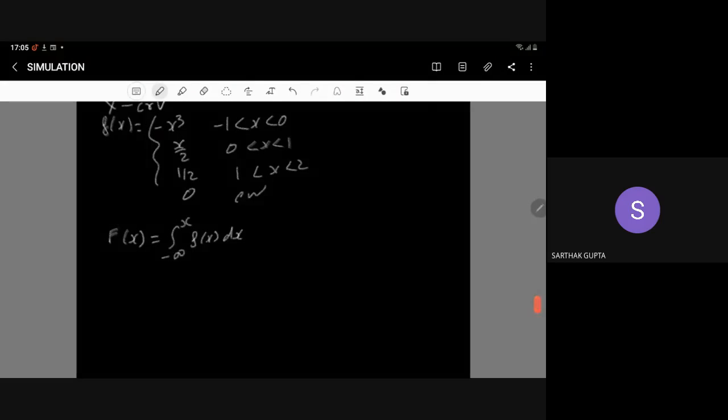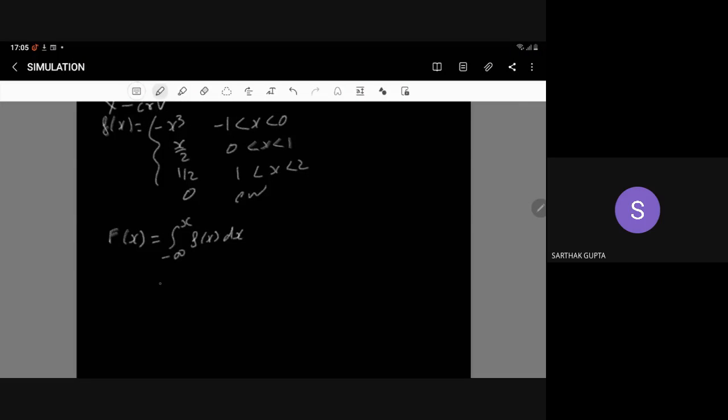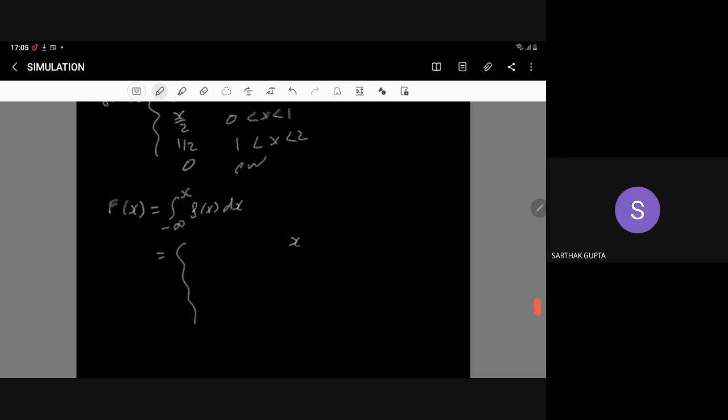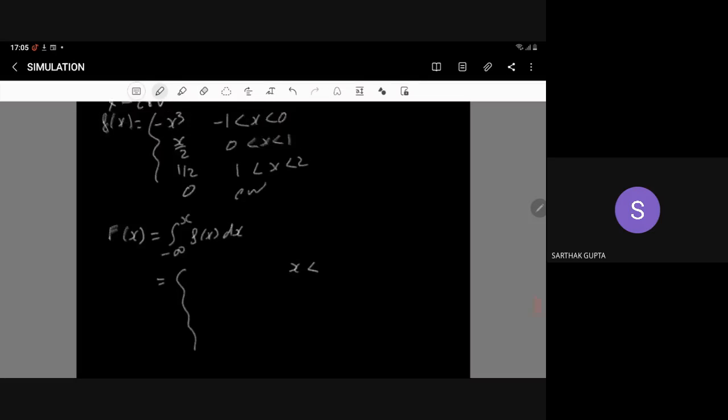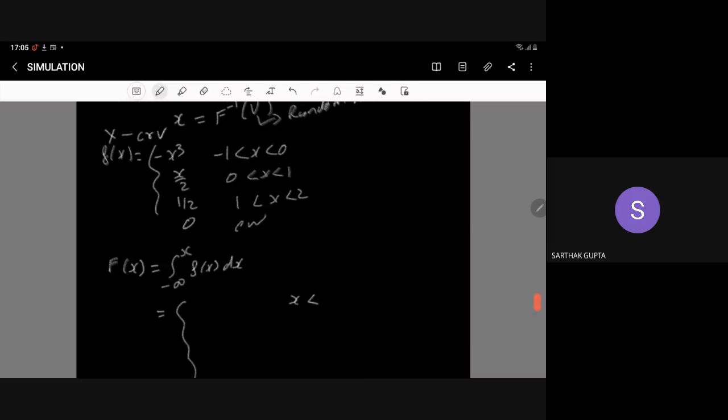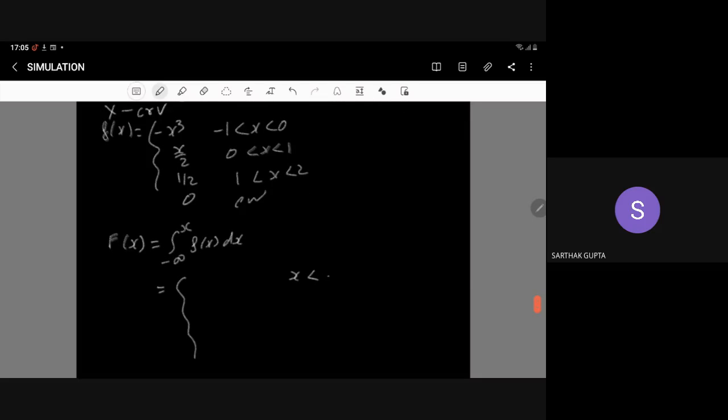So when x is less than minus 1, integrating from minus infinity to x, the integrand is 0, so the result will be 0.